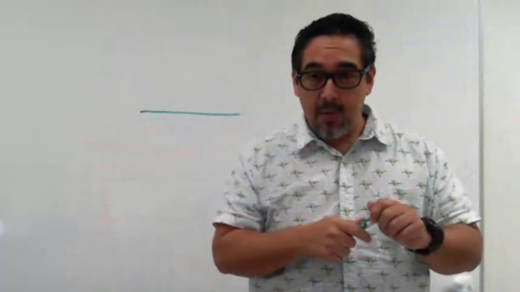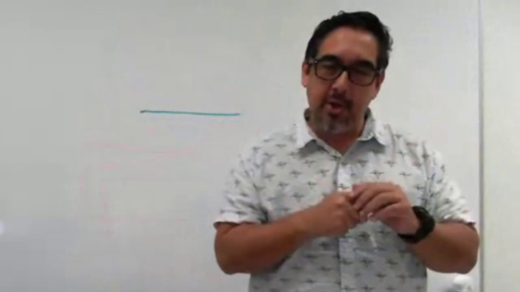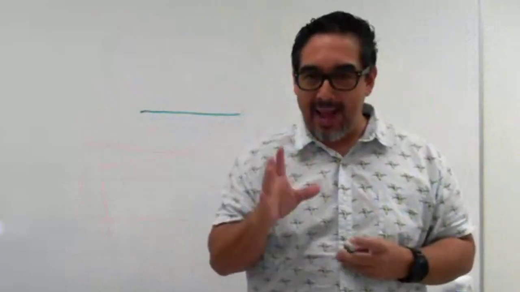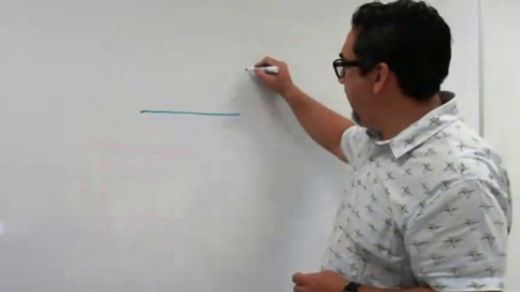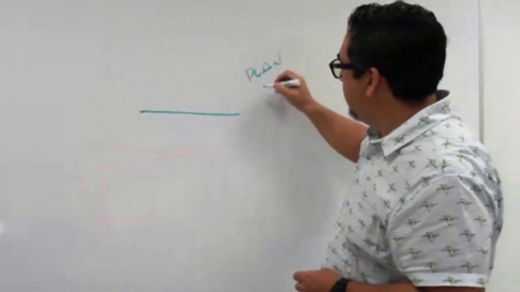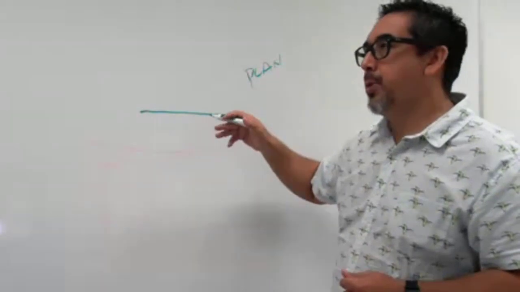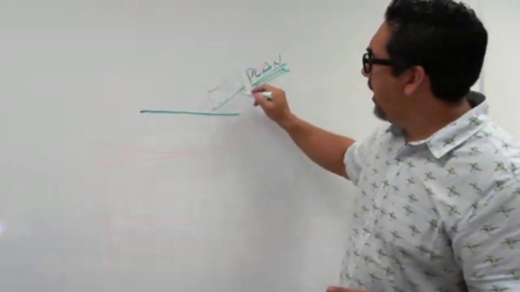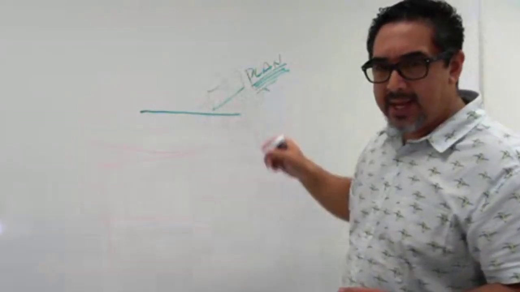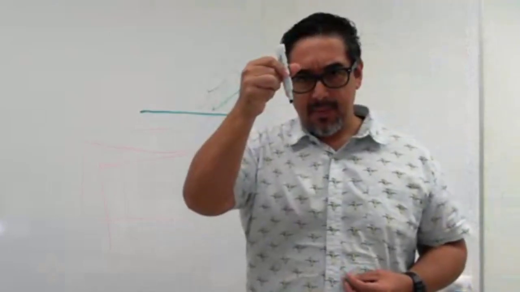Okay? Well, let me share this. Whenever you hear the word plan, whether it's roof plan, floor plan, foundation plan, whenever you hear a word and then plan, what that means is that you're seeing it from the top.